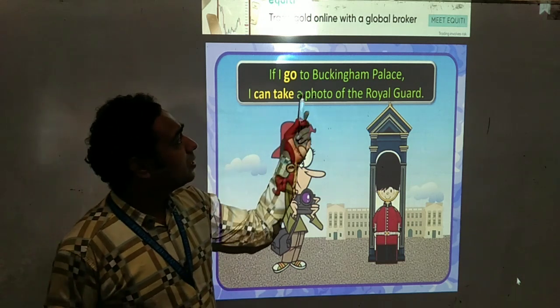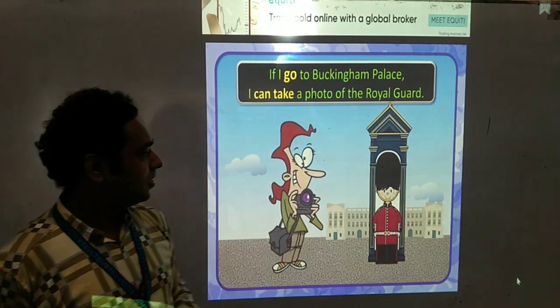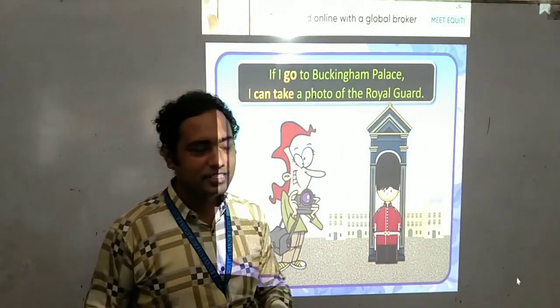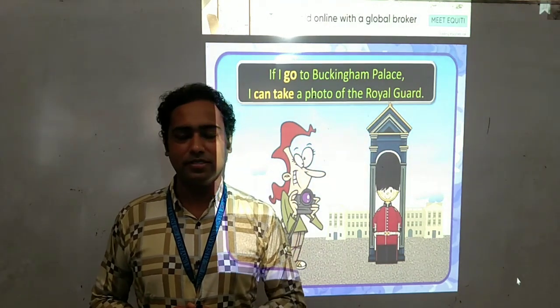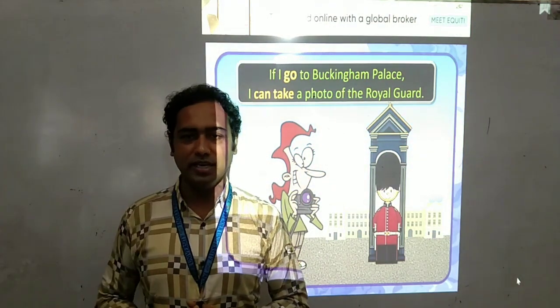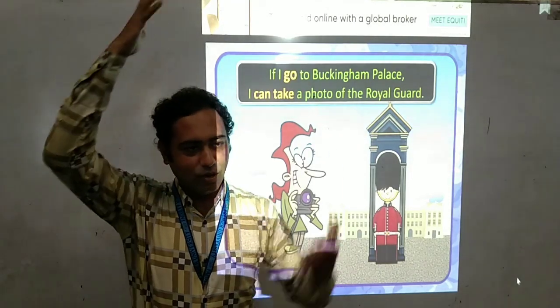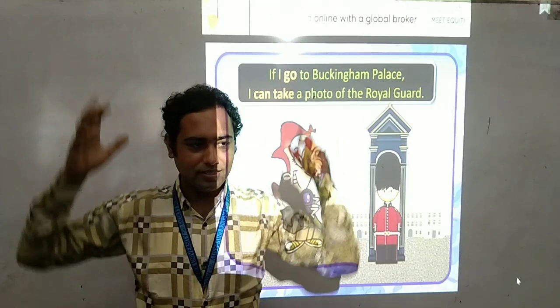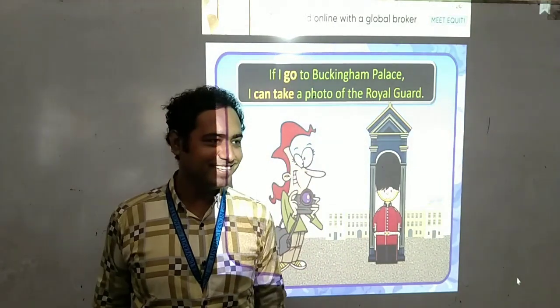If I go to Buckingham Palace, I can take a photo of the Royal Guard. You know, there is a program with Mr. Bean. A guard is just standing still without any movement, even with the eyes, as if he is a robot. He has a long hat here, holding it like this. And Mr. Bean was doing everything.